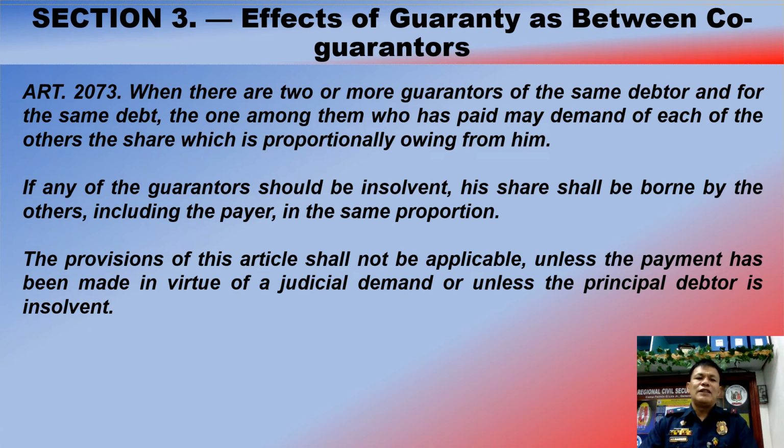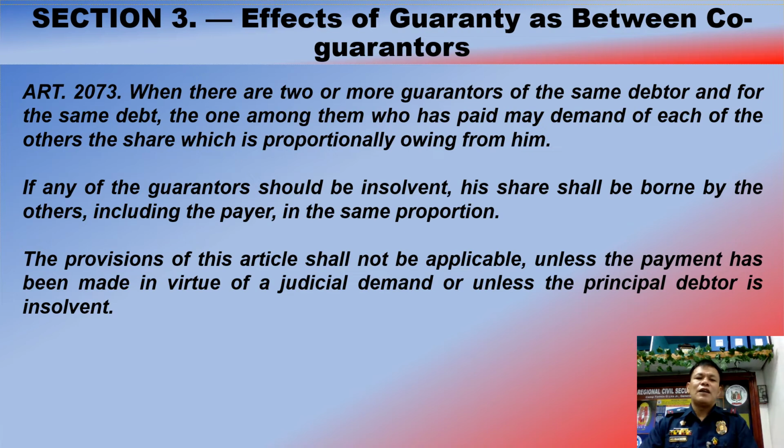Article 2073 provides, when there are two or more guarantors of the same debtor and for the same debt, the one among them who has paid may demand of each of the other the share which is proportionally owing from him.